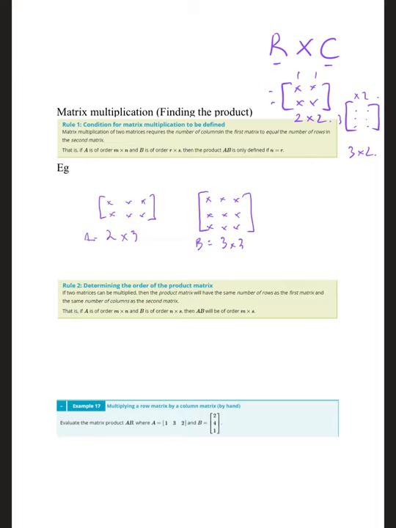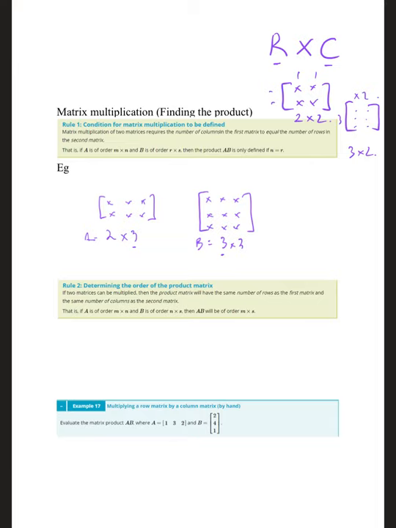If the number of columns in your first matrix is equal to the number of rows in your second matrix, they can be multiplied.